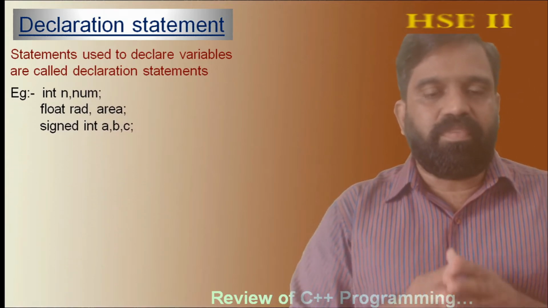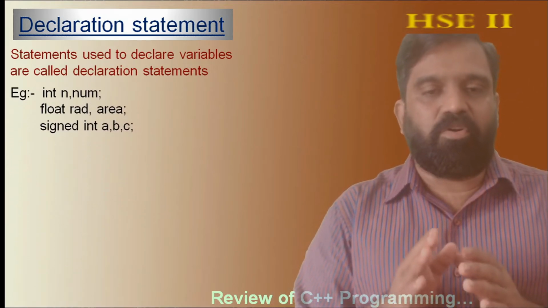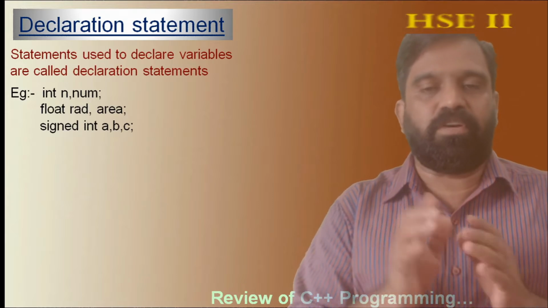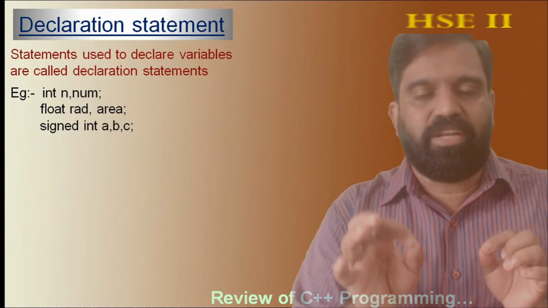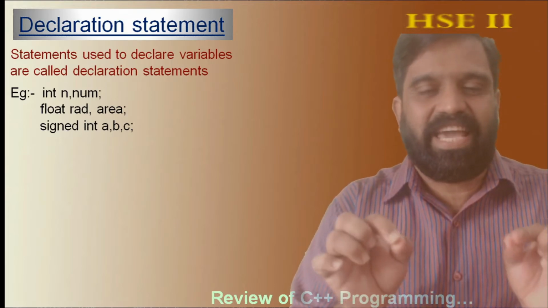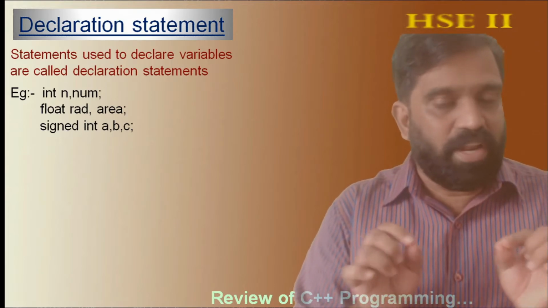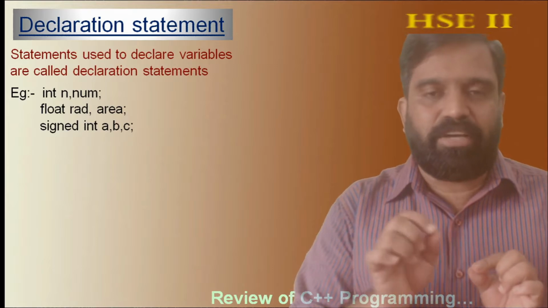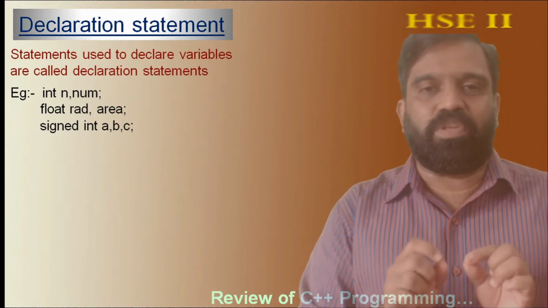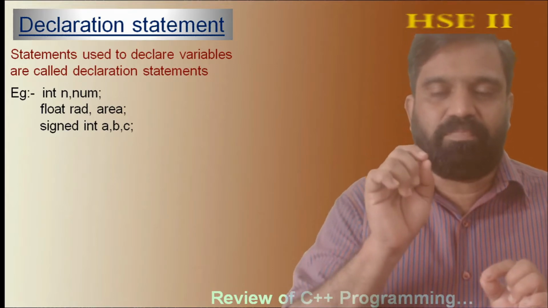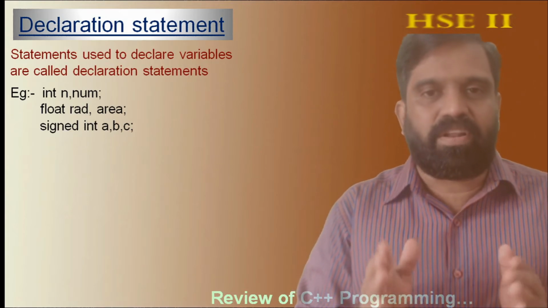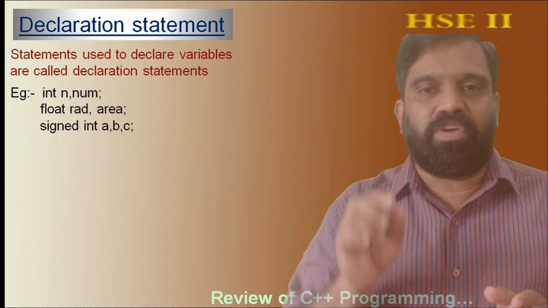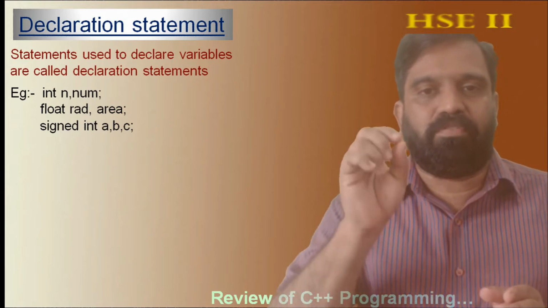Example, int n, num; you can see. So int n, num; that is a statement. In our language we stop a statement with the help of a full stop. Just like that, in a C++ program, while writing a statement we have to stop with the help of a semicolon.